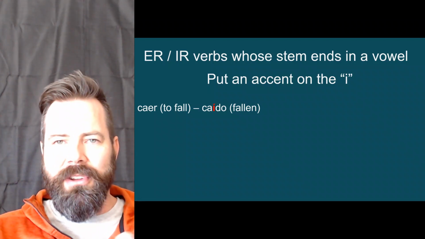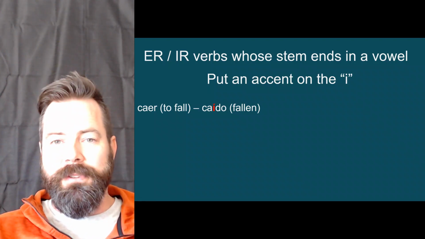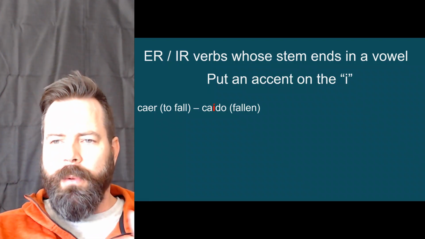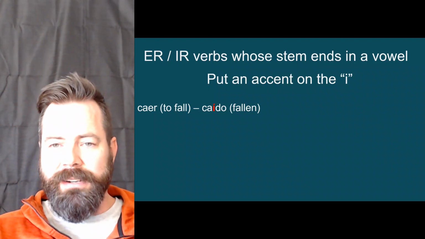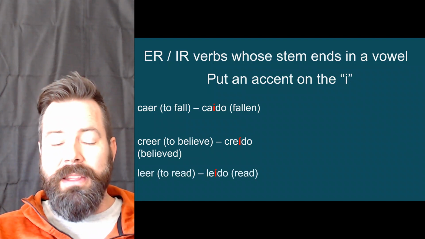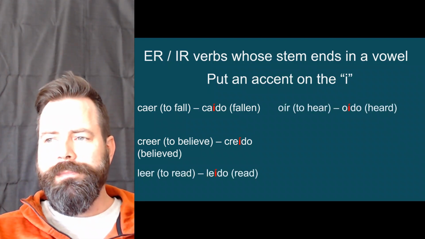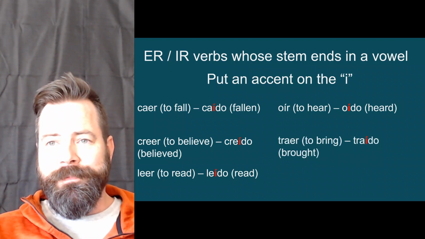It's caído, and that accent separates the two vowels and makes two syllables. So that works on all of these verbs that I'm going to show you. So caer, caído, fallen. Creído, believed. Leído is read. Oído, heard. And traído, brought. Okay?